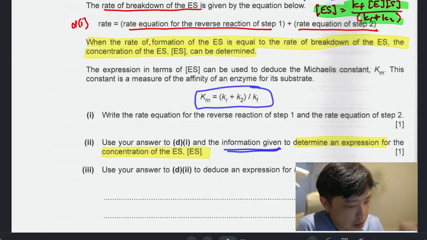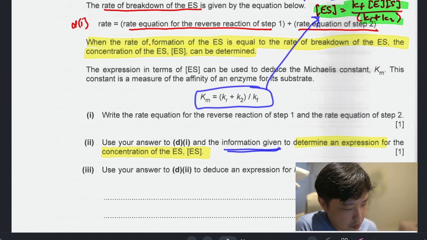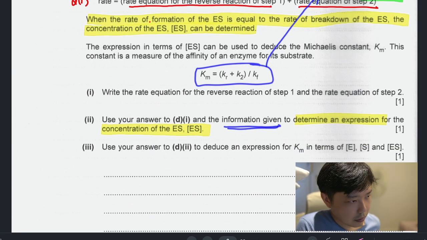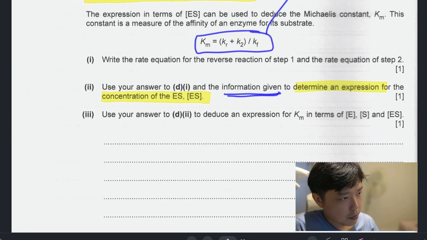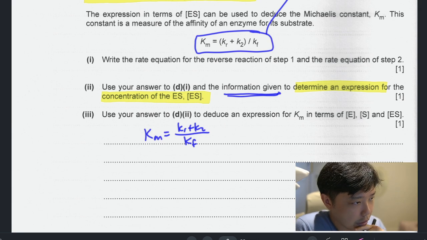We're going to see how it relates to the expression we have gotten here, because we need to derive an expression in terms of E, S, and ES. So let's write down the expression given by the question: Km equals KR plus K2 over KF. Okay, so this is the one given by the question.